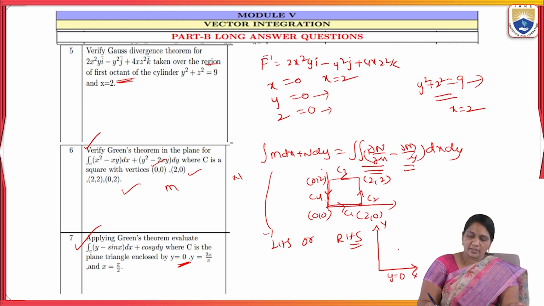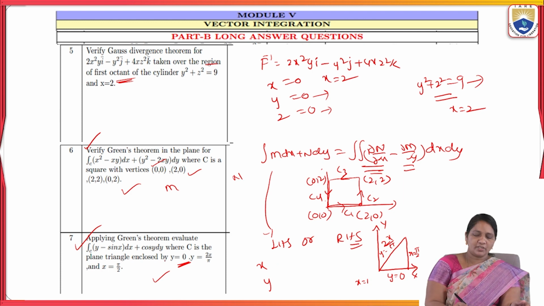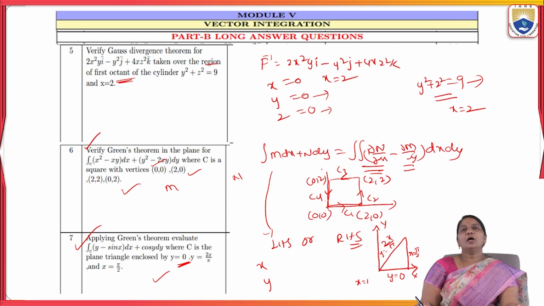The line is y equal to 2x by pi, and we get x equal to pi by 2. By using this we are going to get the limits of x and y. After that we can integrate this function by using these limits and the Green's theorem.